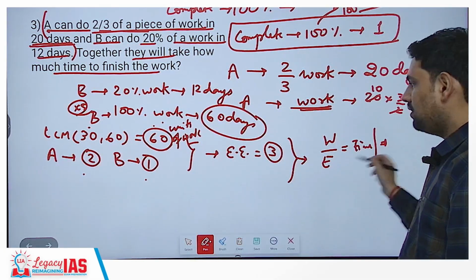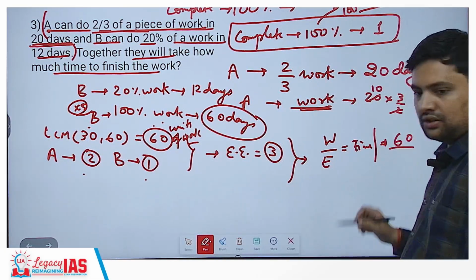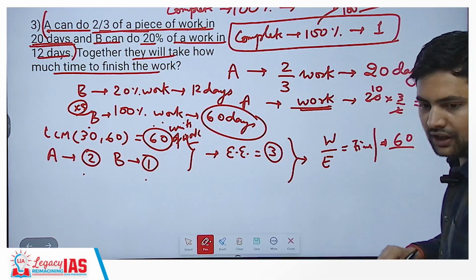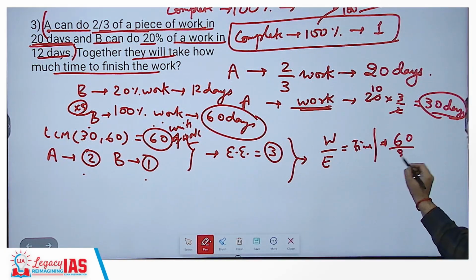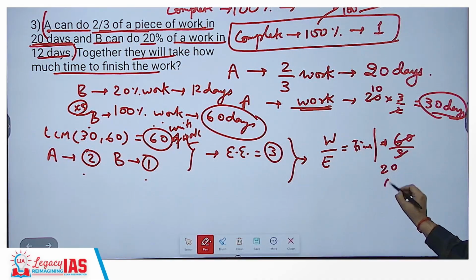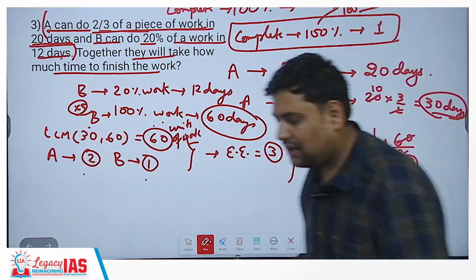So total work is 60 units, divided by effective efficiency 3. So 60 by 3, what do you get? 20 days. That is, all together they can complete the work in 20 days. Understood?